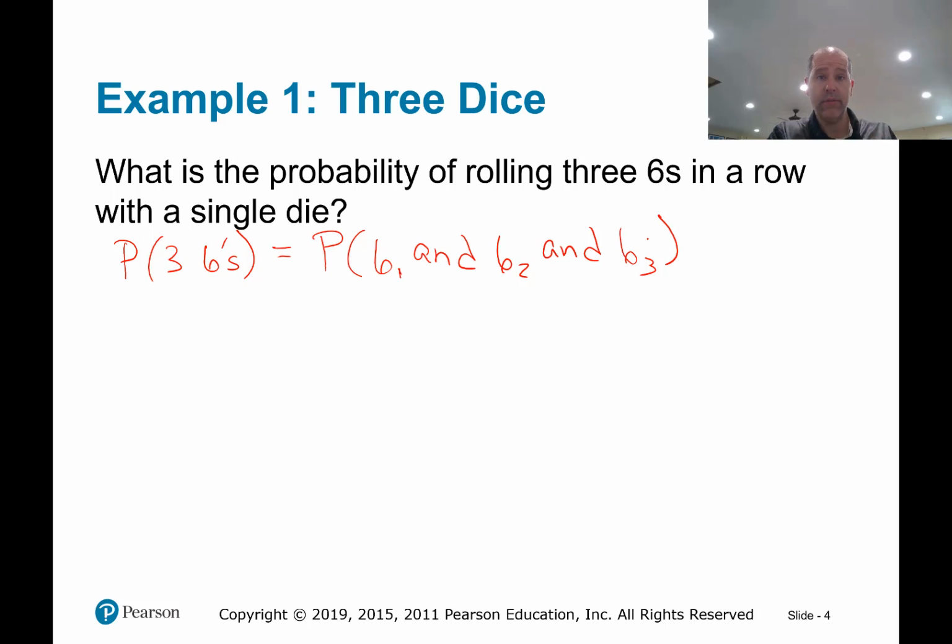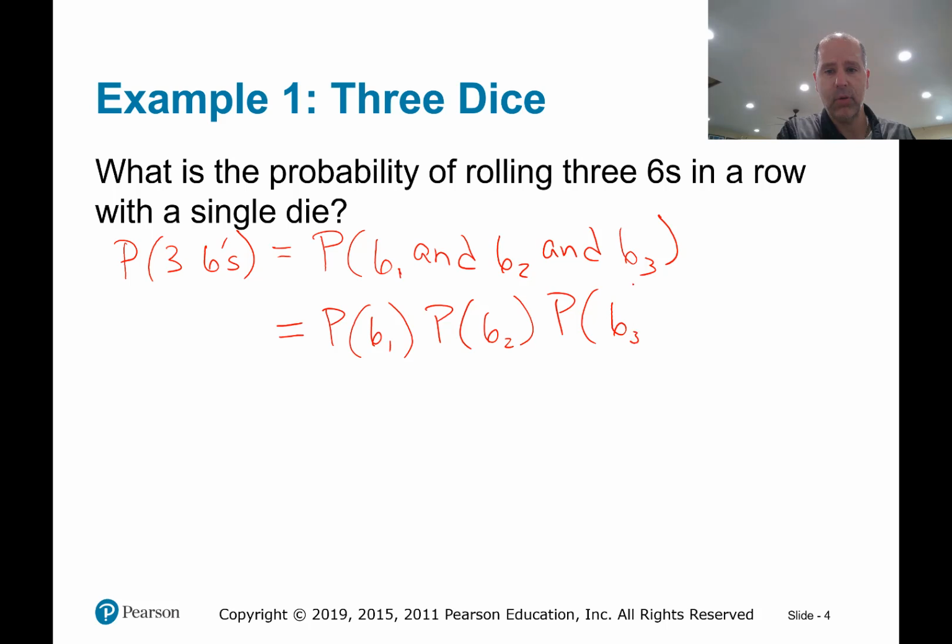So rolls of a die are independent of each other. So now I can use the simplified multiplication rule, and I can just write it as the probability of getting a 6 on the first roll times the probability of getting a 6 on the second roll times the probability of getting a 6 on the third roll.